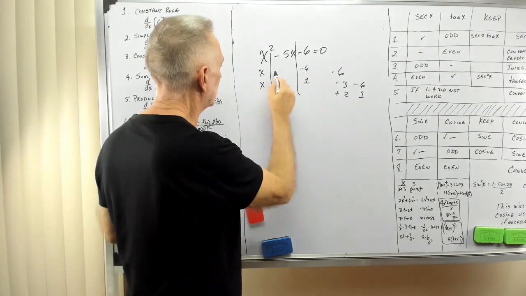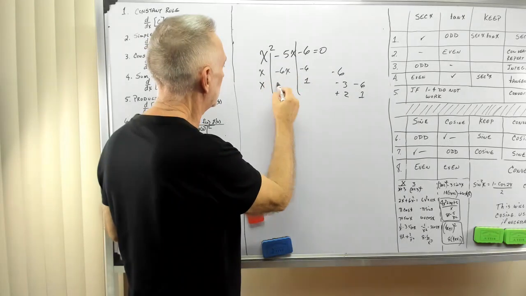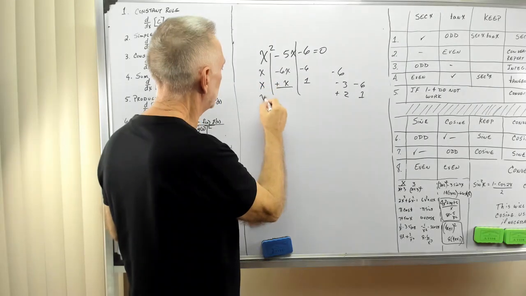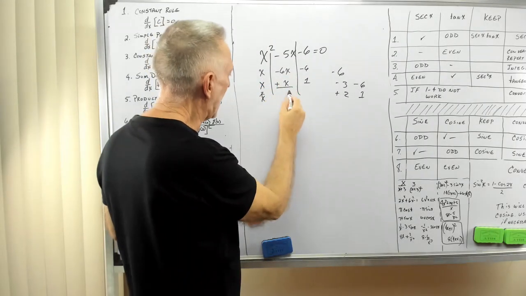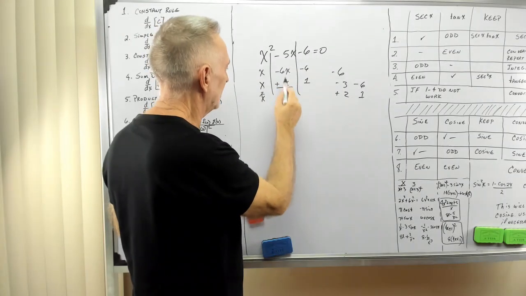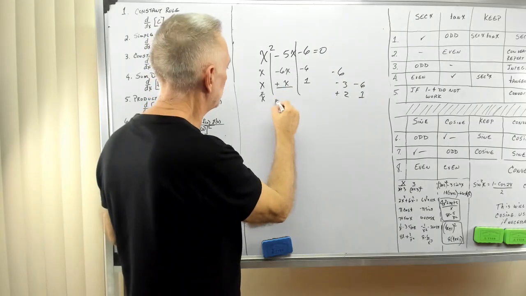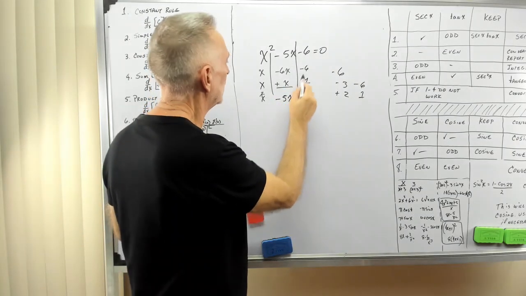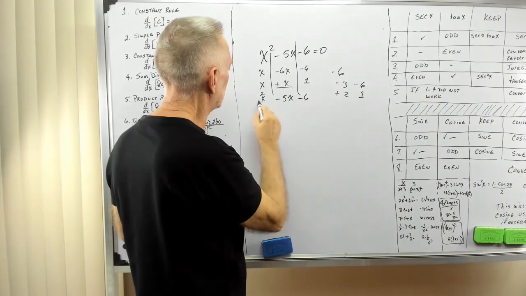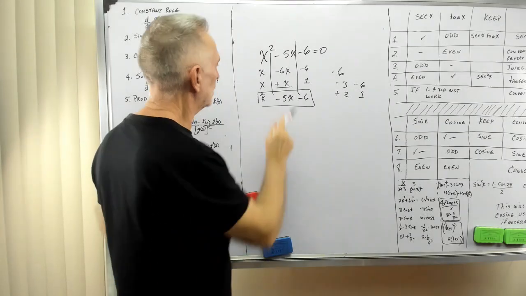Negative 6 times x is negative 6x. 1 times x is a positive x. Multiply these two together gives me x squared. Add these. Negative 6x plus a positive x gives me minus 5x. Negative 6 times a positive 1 gives me negative 6. So I have x squared minus 5x minus 6.